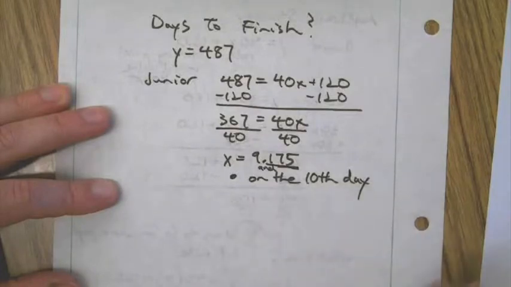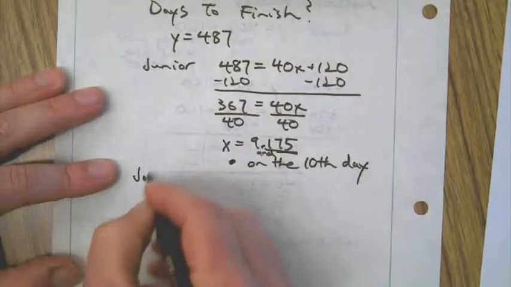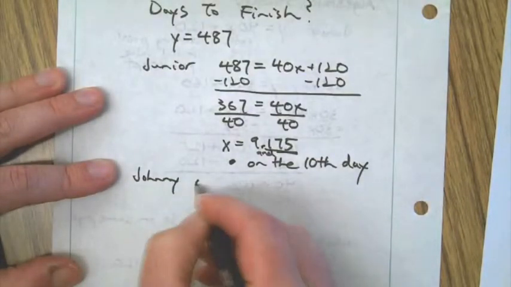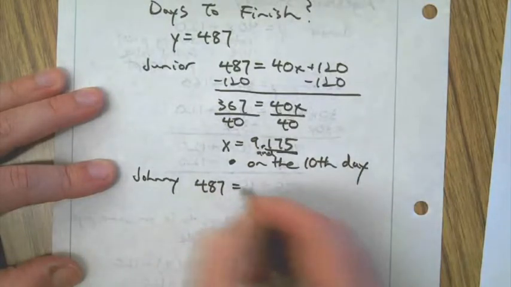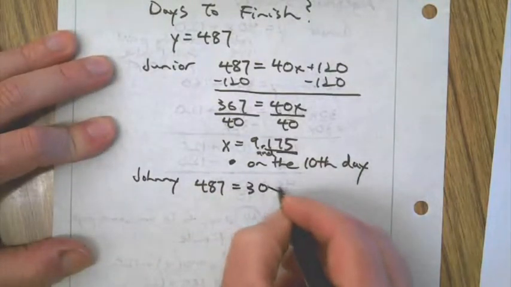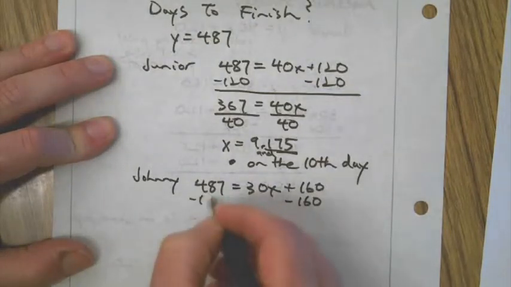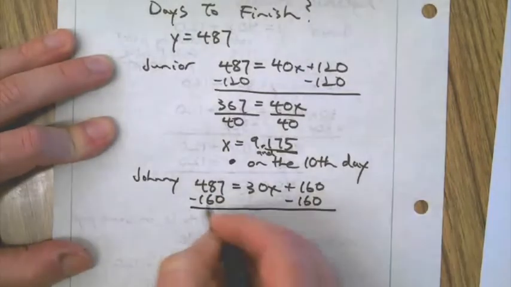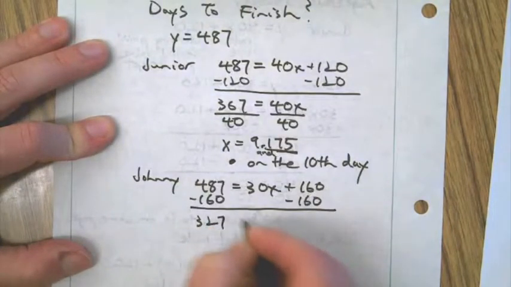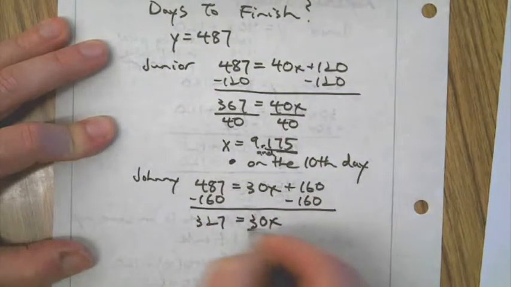That's Junior. For Johnny, we take the same total page count, but we use his equation and solve it for x. 327, divide that by 30.